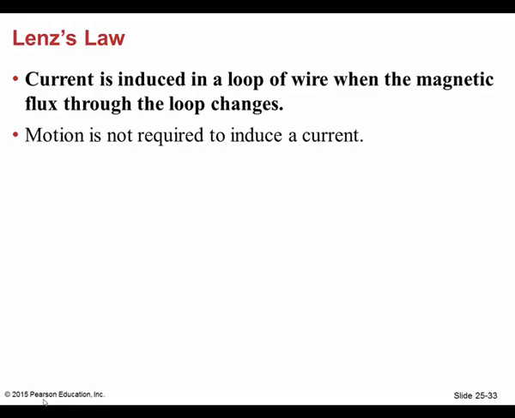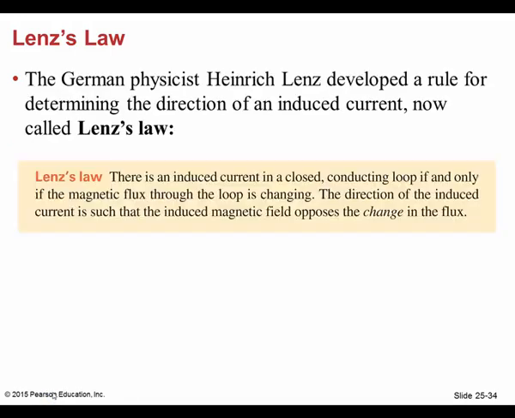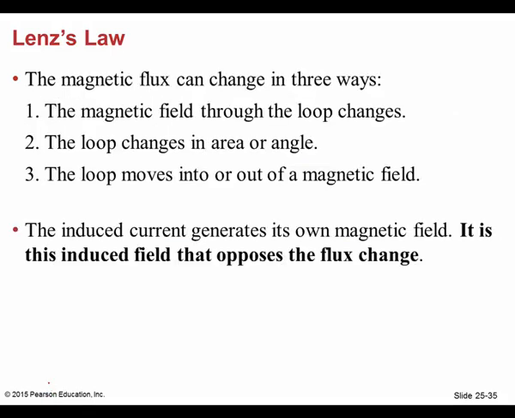Now, what about Lenz's law? Well, Lenz's law has to do with an induced current in a loop of wire when the magnetic flux through the loop changes. So in other words, here we're looking at changing flux, okay? We're not necessarily changing the area of the wire per se, but we're talking about changing the flux. We could be.